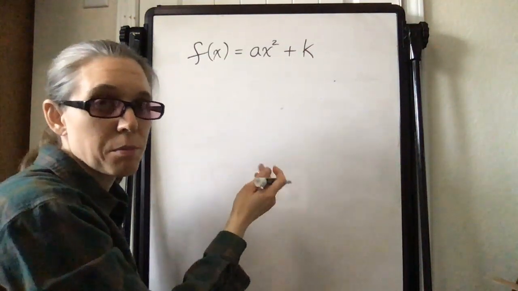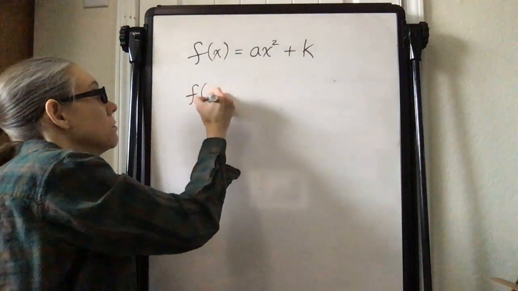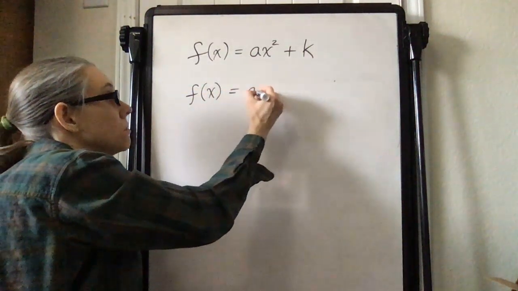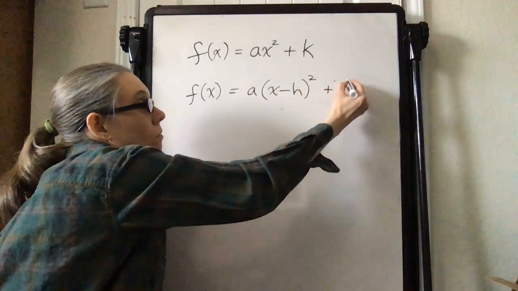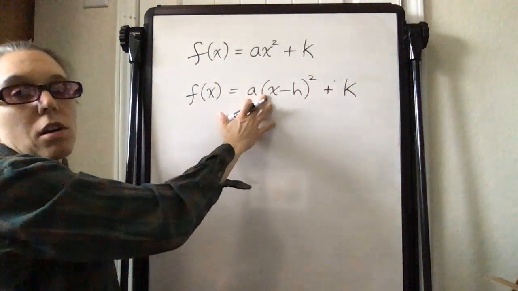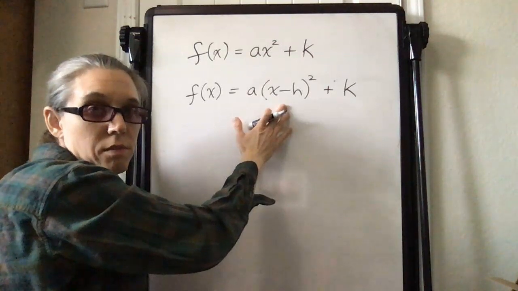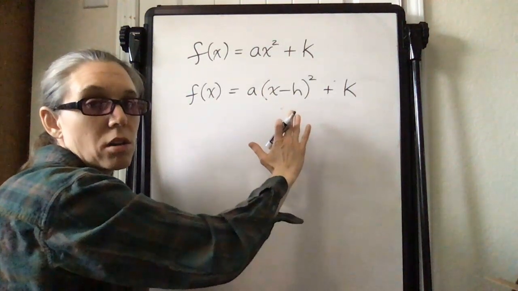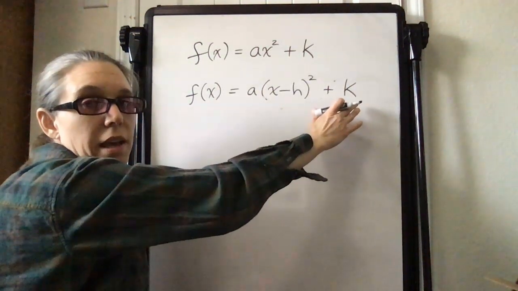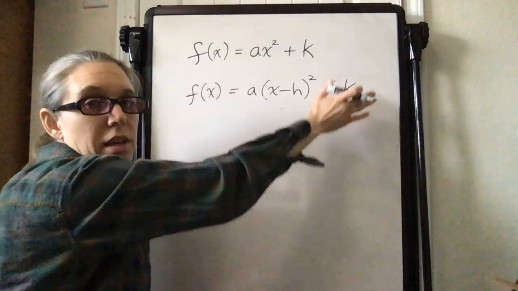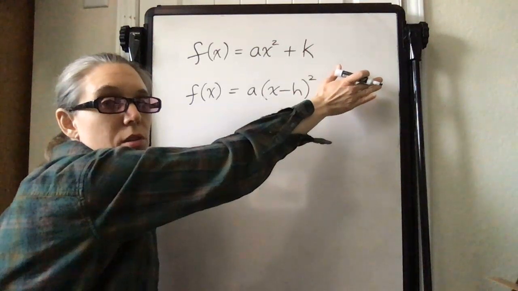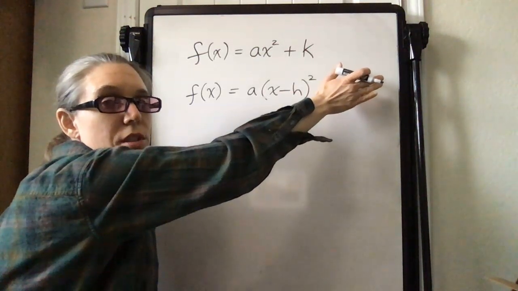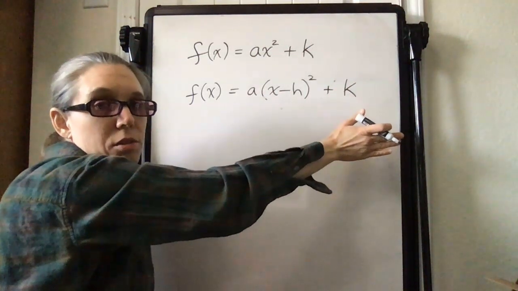So the next type of parabola involves a horizontal shift. That horizontal shift might also be accompanied by a vertical shift or not. Okay, so you could either see it with or without. So this would be without the vertical shift, and this is with the vertical shift.